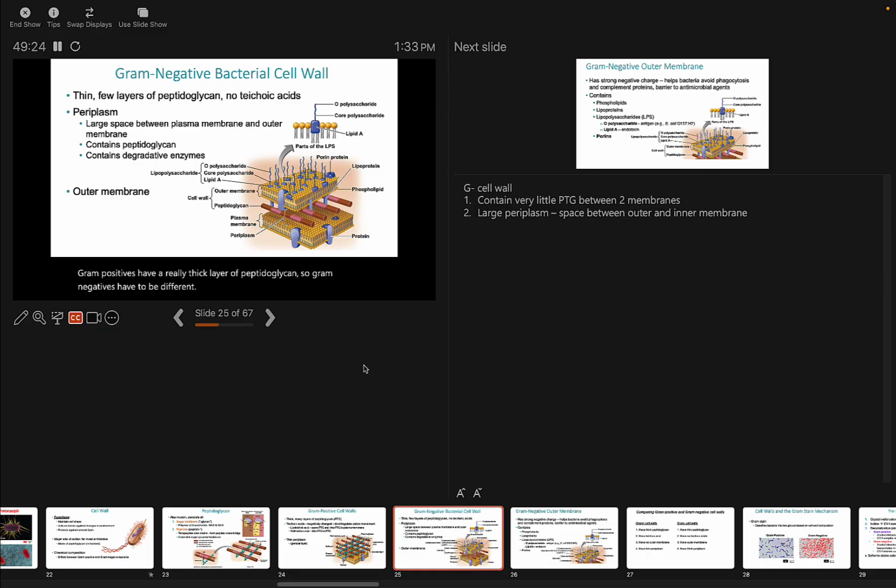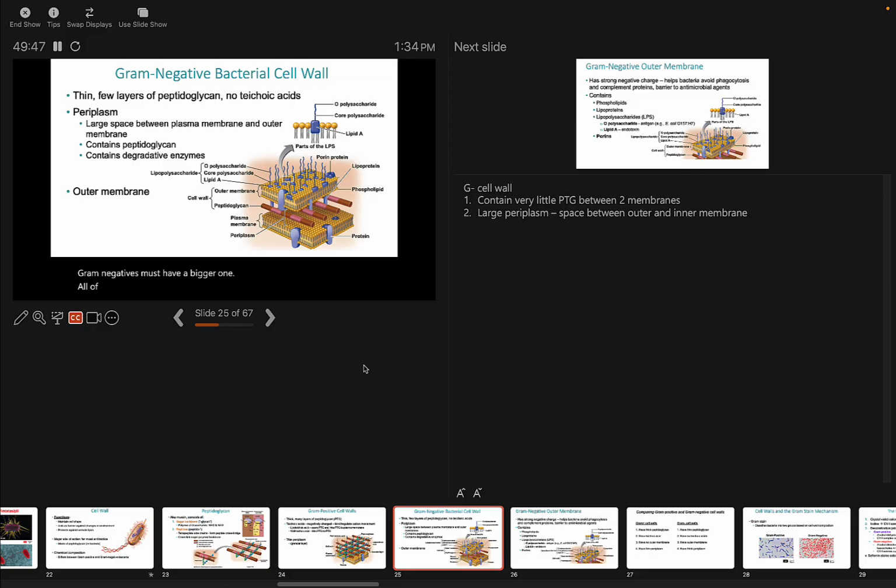They have a thin one. We're going to skip teichoic acids for just a minute. Gram positives have a really thin periplasm. Gram negatives must have a bigger one. All of those things are true.